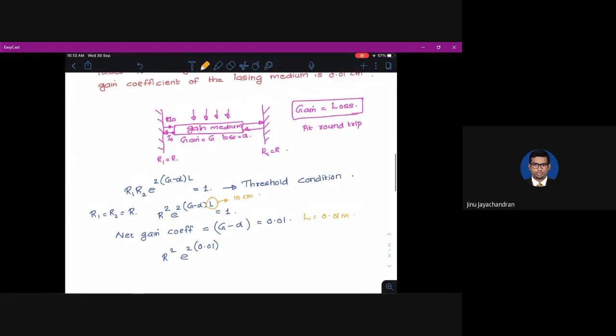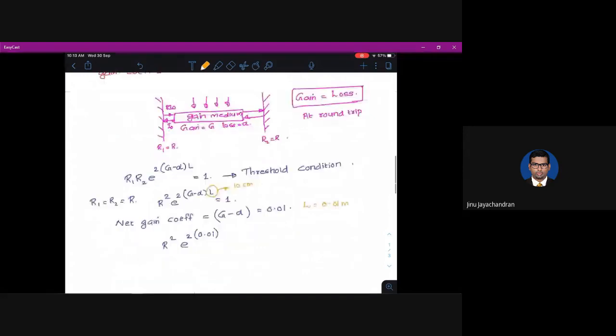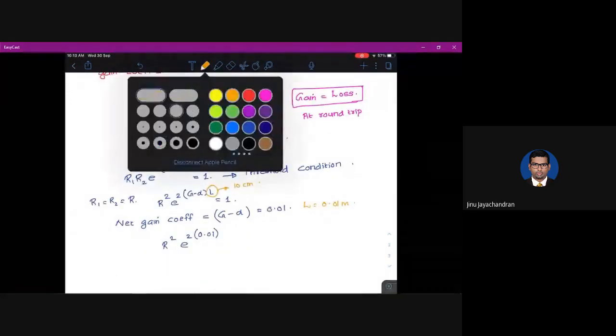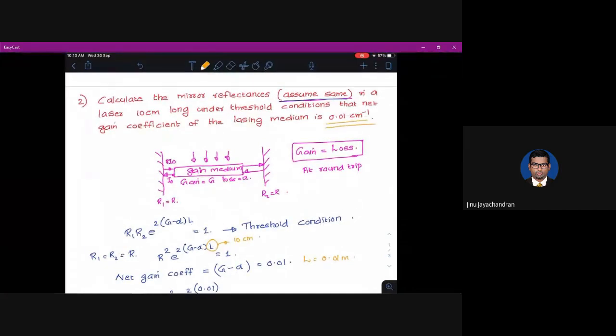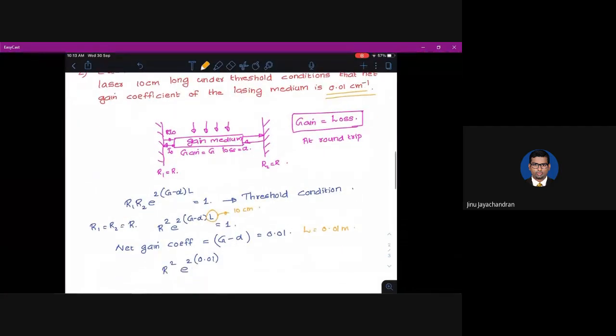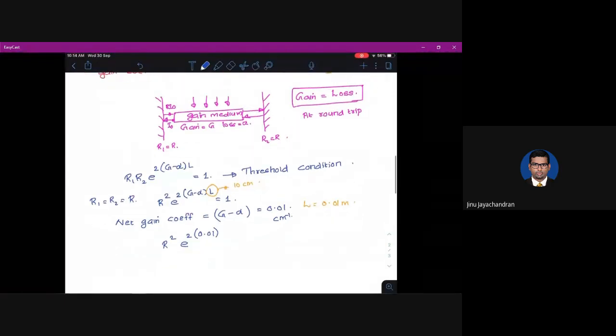Okay, and there is one more thing you want to be careful about. In this one, the gain coefficient is 0.01 centimeter inverse. We need to make it meter inverse, for which we need to multiply it by 1000. So I can convert this into 10 meter inverse.